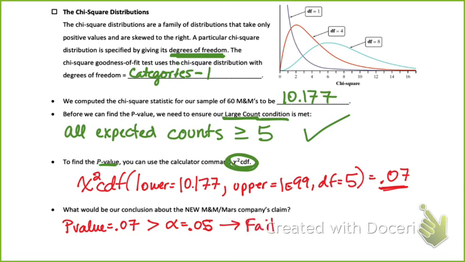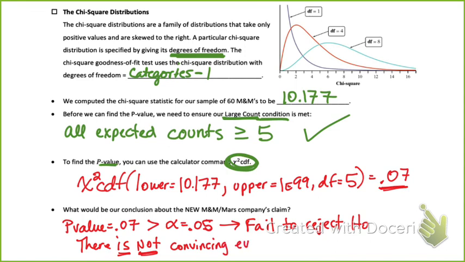We're going to fail to reject the null hypothesis, and that is because there is not convincing evidence that the distribution claimed is incorrect.